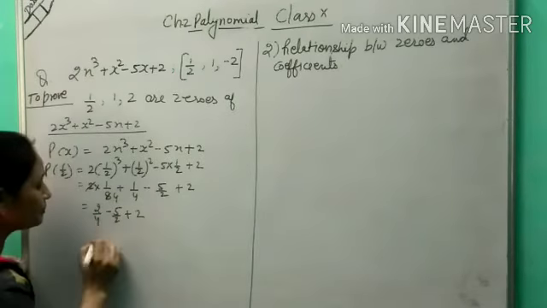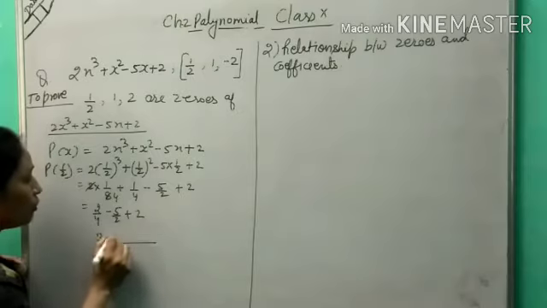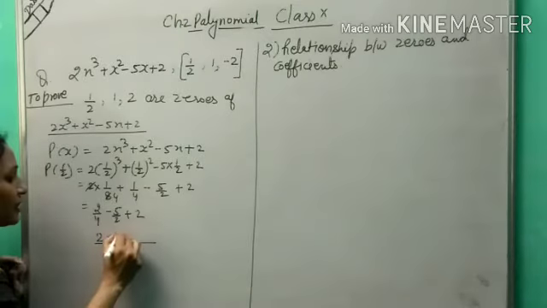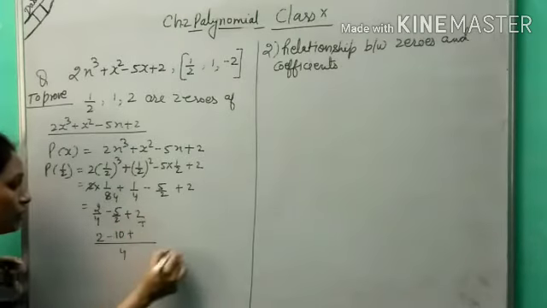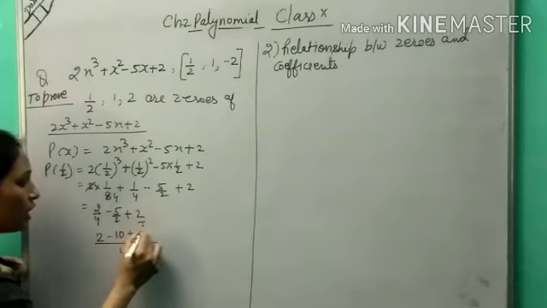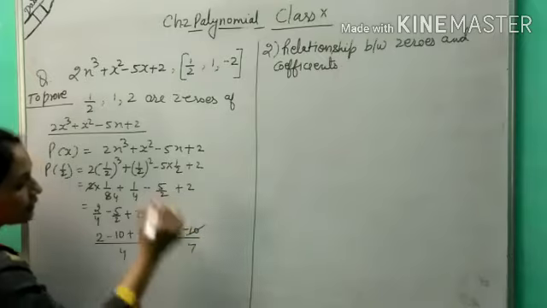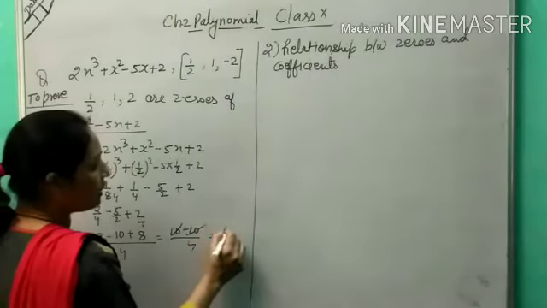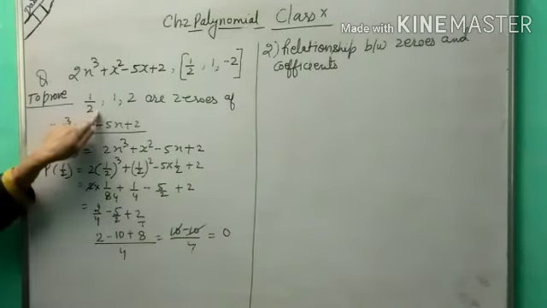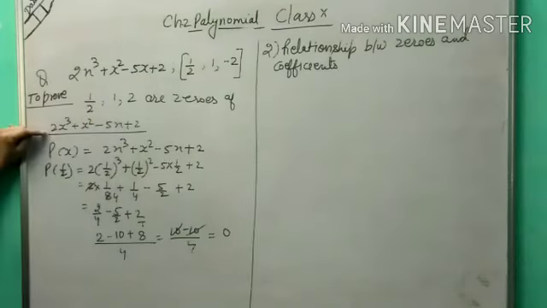LCM we will take 4: 2 minus 10 plus 8, that is 10 minus 10 upon 4, 10 and 10 cancel, and we have 0. So 1 upon 2 is a zero of this polynomial.